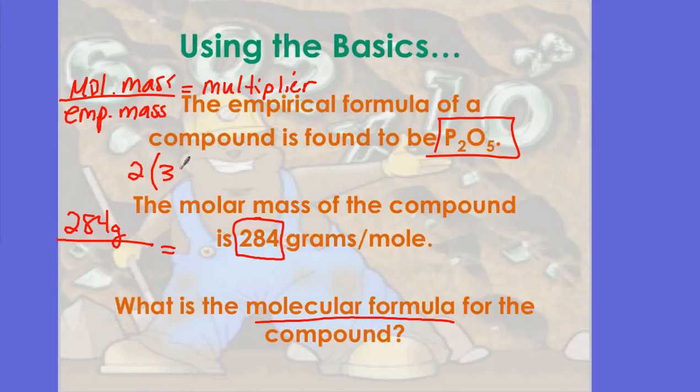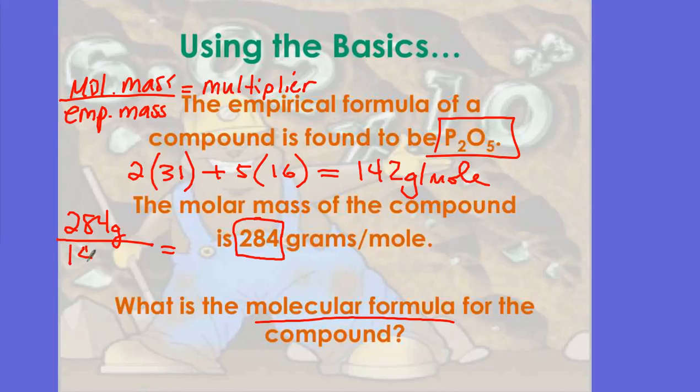Yeah, let's go 31. These are whole numbers down here. Simplify. 2 times 31 plus 5 times 16. What's the mass of my empirical? You have your calculator. 142? Yeah. Grams per mole.